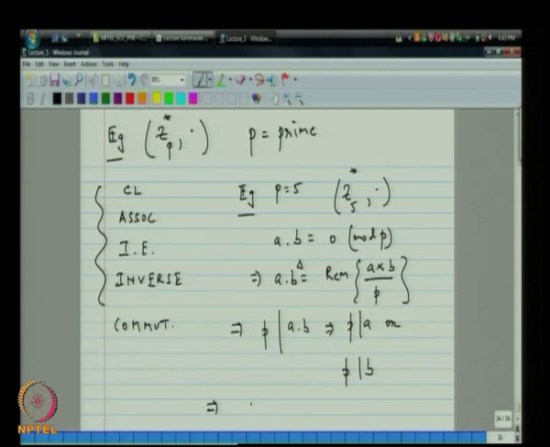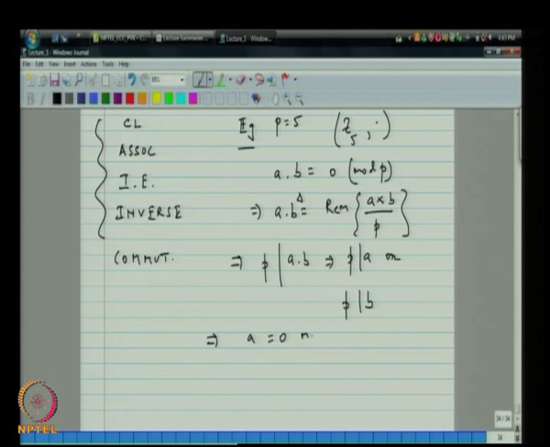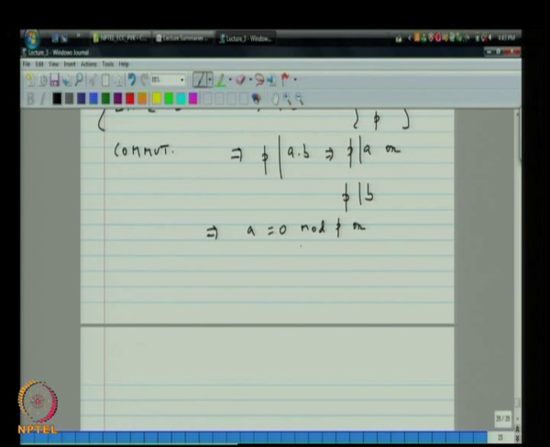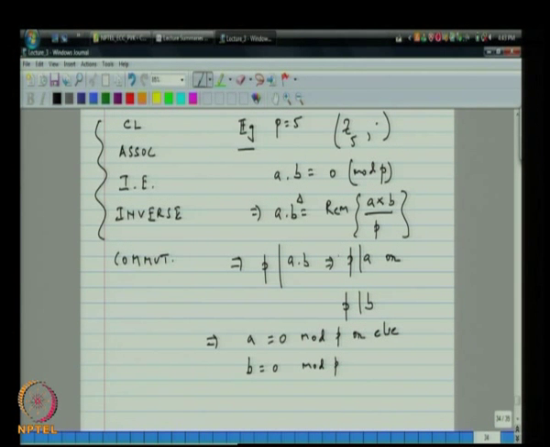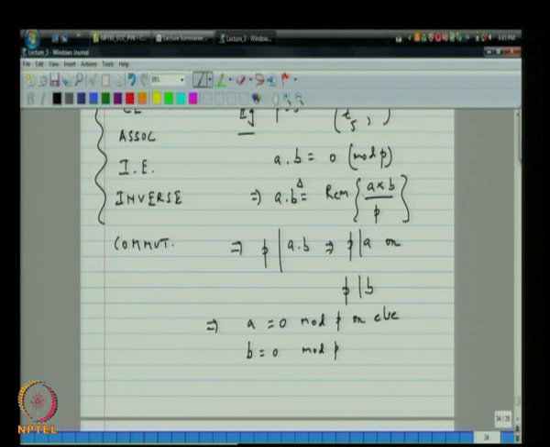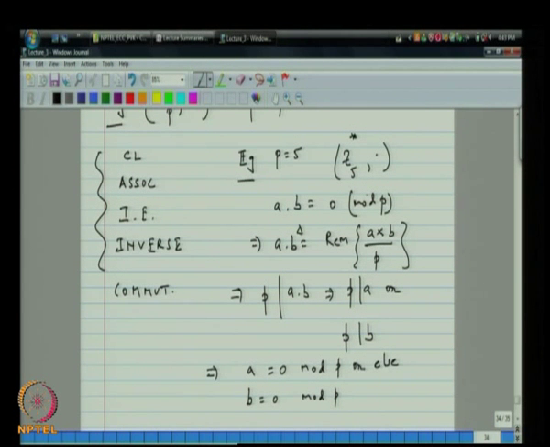But that implies A equal to 0 mod P, or else B is equal to 0 mod P. Okay. So, what we found is that A times B equal to 0 cannot happen, because A and B are in Z P star. So the conclusion here is that closure this time is satisfied, there is no problem there.